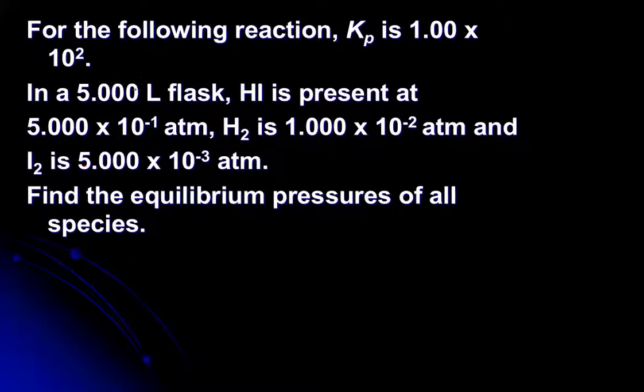So the thing that's a little different on this problem is we are not starting with equal initial amounts, like the last problems we did, and that's one of the reasons why we ended up with perfect squares there. We don't have equal pressures starting off. So it says find the equilibrium pressures of all the species. There's our equation.